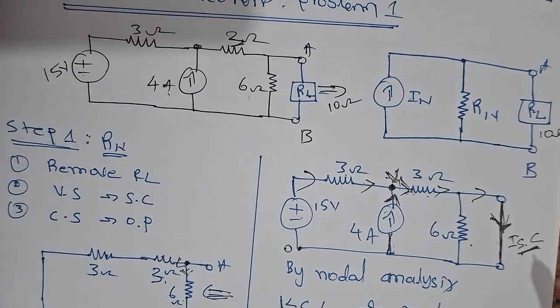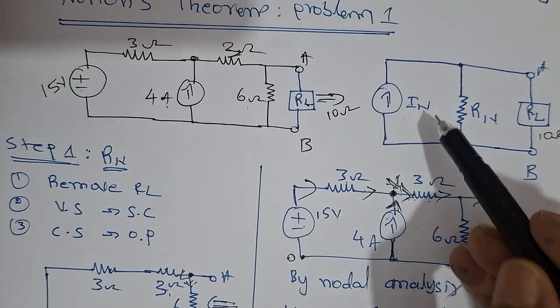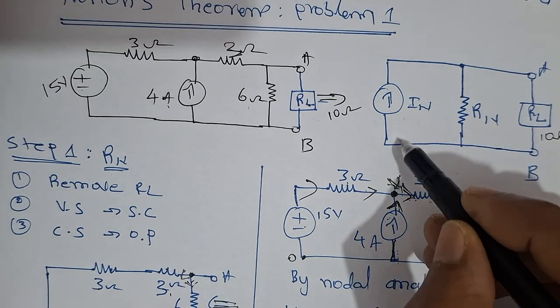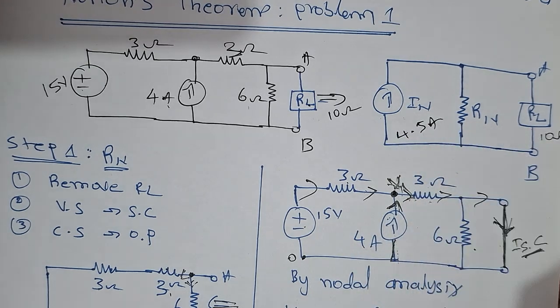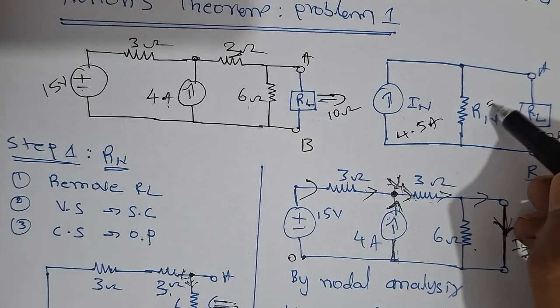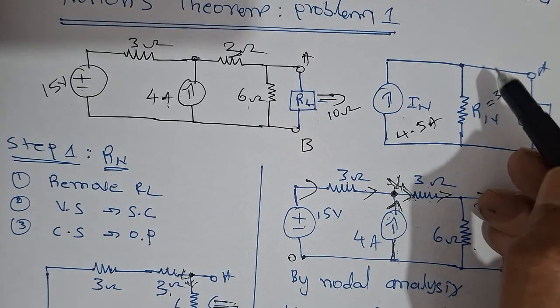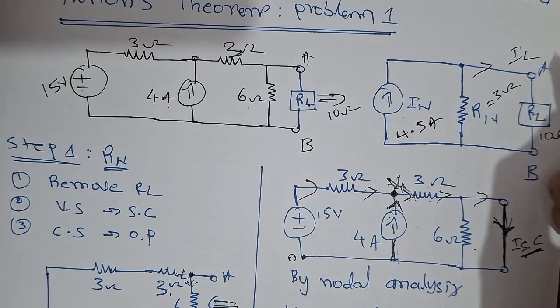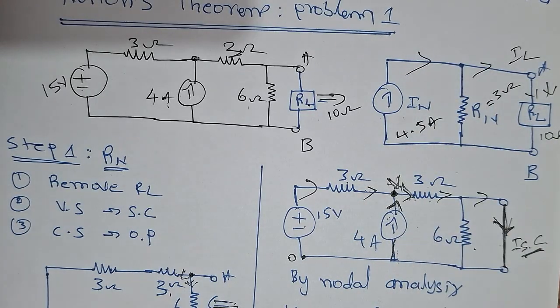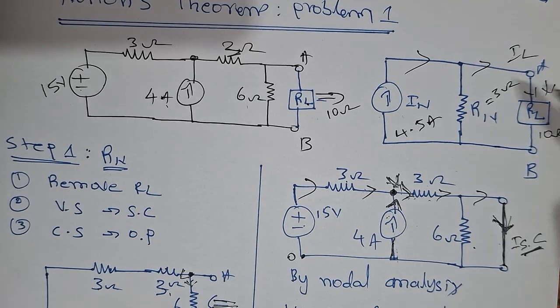So now we have the equivalent Norton current, 4.5 amperes, and the Norton resistance equal to 3 ohms. Now we have to find the load current, how much current is flowing through the load. Easily, we can apply the current divider rule.